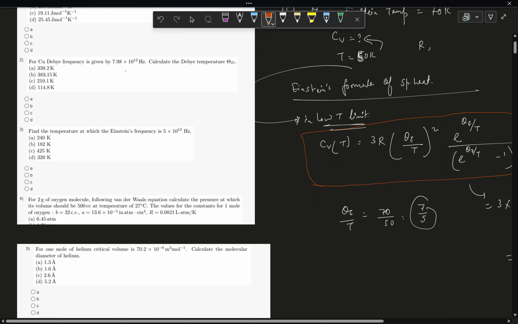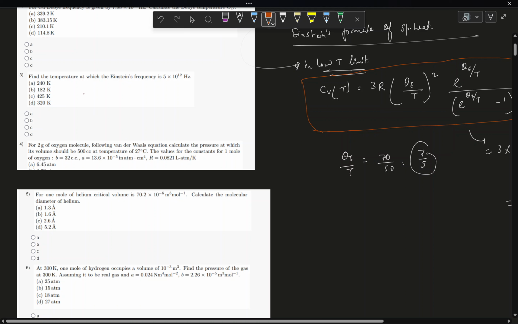Now this question is similar to one we have already calculated in the last assignment. Find the temperature at which the Einstein frequency is given. You can try and solve this by yourself, because it is the same formula, same notation, same way of calculating. Just instead of Debye, they are telling you to calculate with the Einstein's frequency.